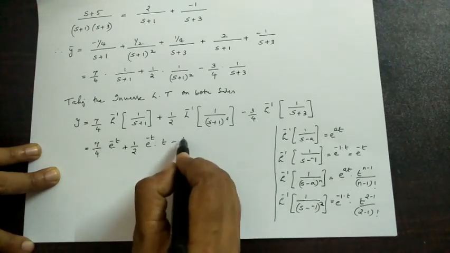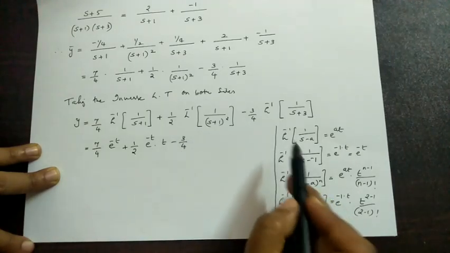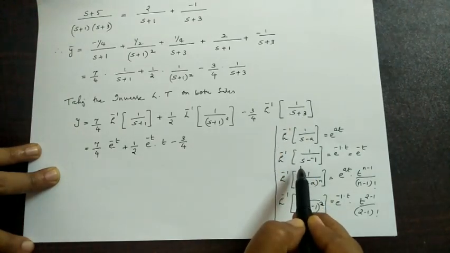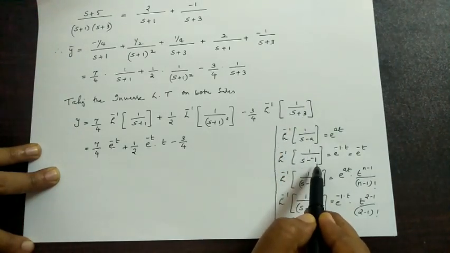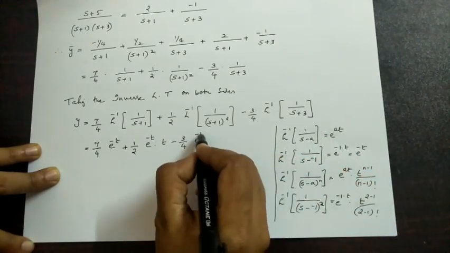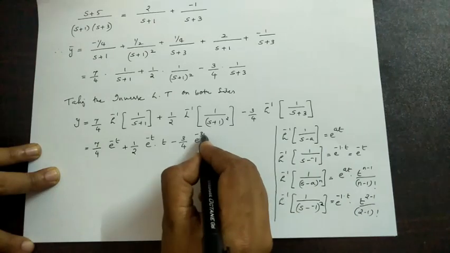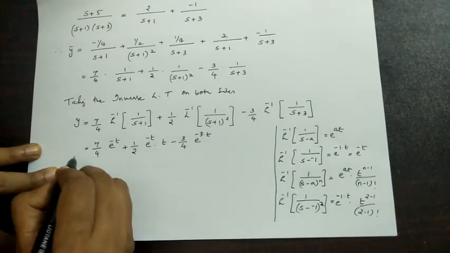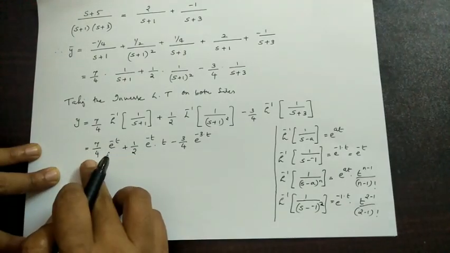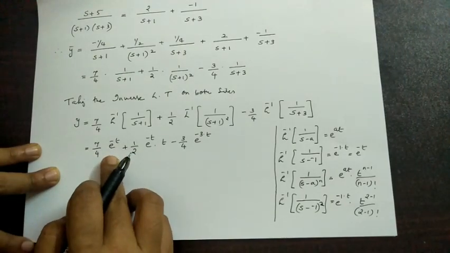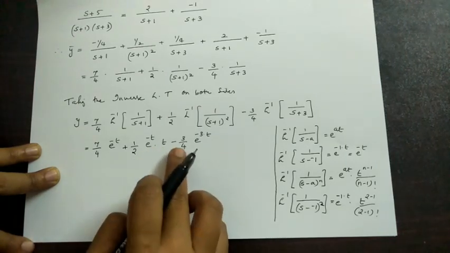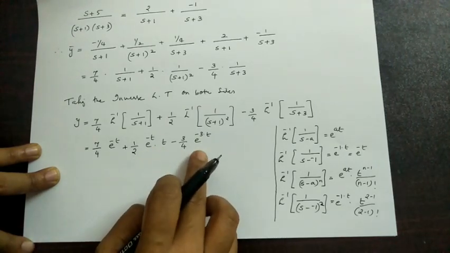Then the third term is minus 3/4 into L inverse of 1/(s+3). 1/(s+3) can be written as 1/(s-(-3)). Therefore, we have e raised to minus 3t. Therefore, we get y as 7/4 e raised to minus t, plus 1/2 t e raised to minus t, minus 3/4 e raised to minus 3t.